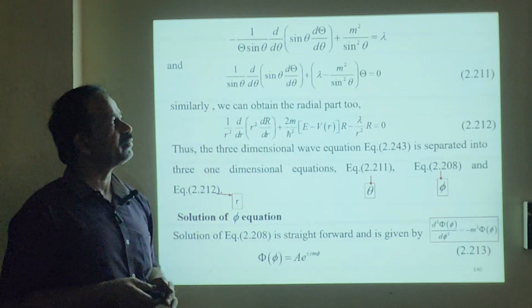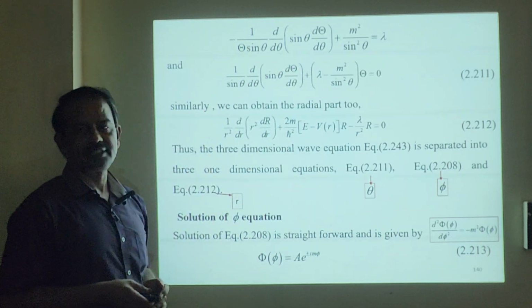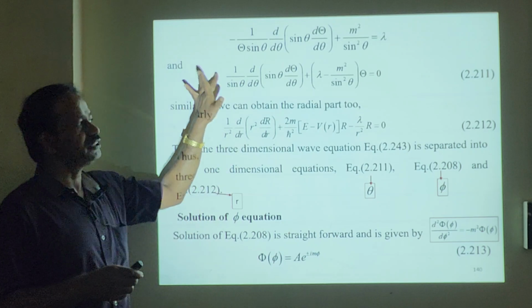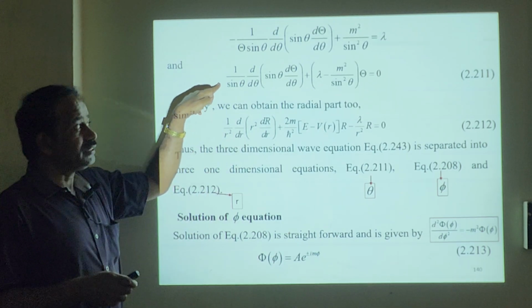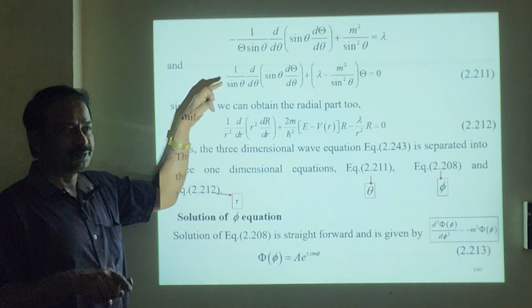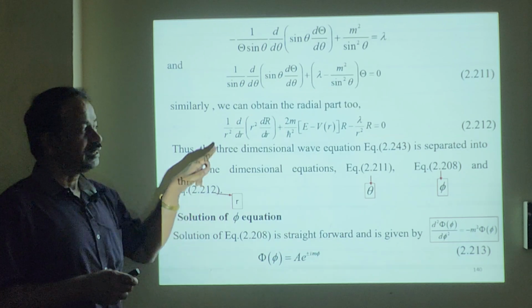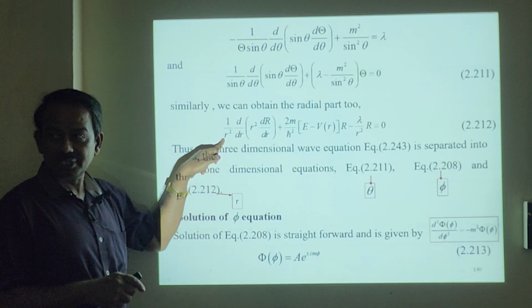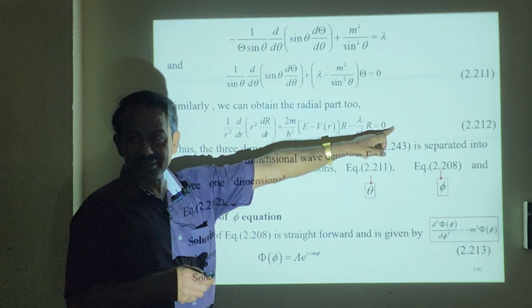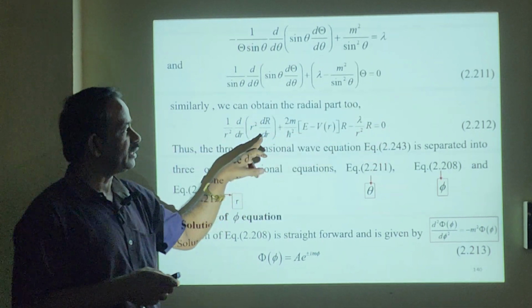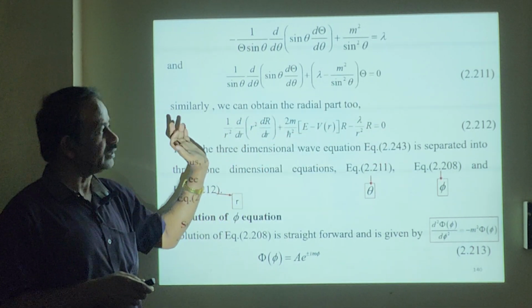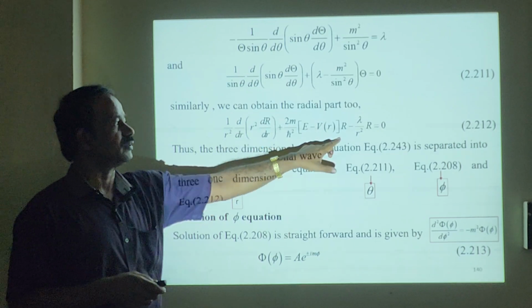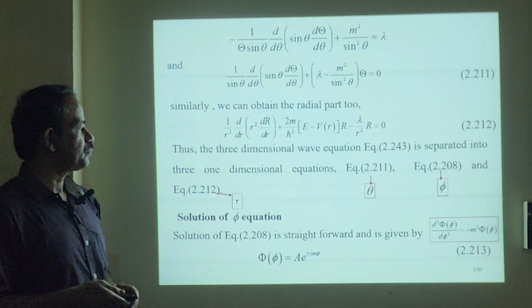You will get lambda minus m square divided by sine square theta times Theta, which is equal to 0. Is it okay? So this term depends only on theta. We have separated. The radial part depends only on r, which is equal to lambda. Can you remember? So lambda we have brought here and multiplied throughout by r square, divided by r square, that will give you this equation.